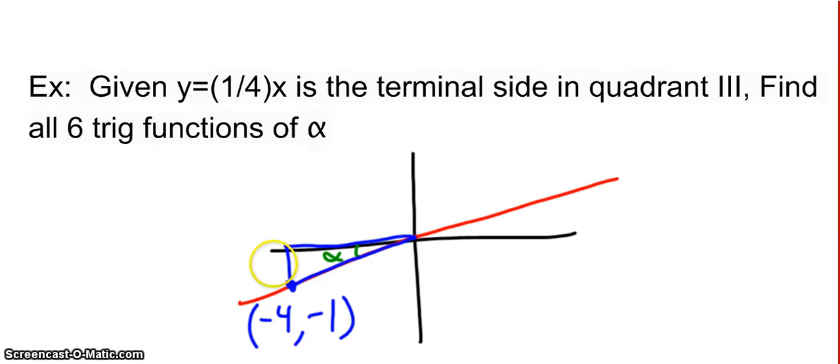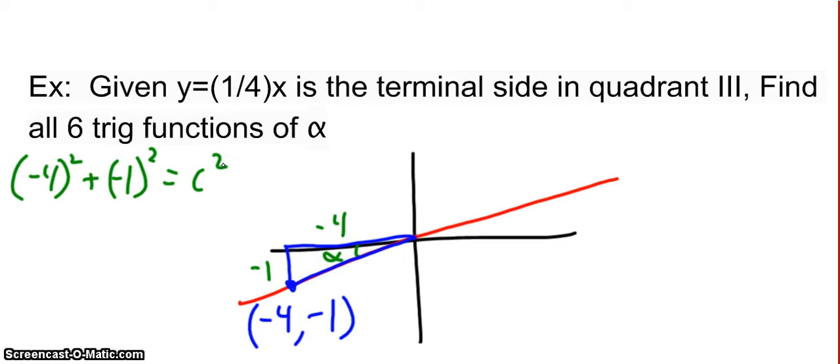So I can start to label my sides of my triangle, and I can call this -1, -4, and I can do my Pythagorean theorem, -4 squared plus -1 squared equals c squared. So that's going to be 17, so this is going to be the square root of 17. Now I want you, since we've already drawn the triangle, go ahead and evaluate all 6 trig functions of alpha. Pause the video, unpause when you're ready to check.